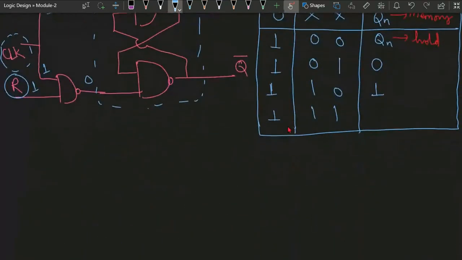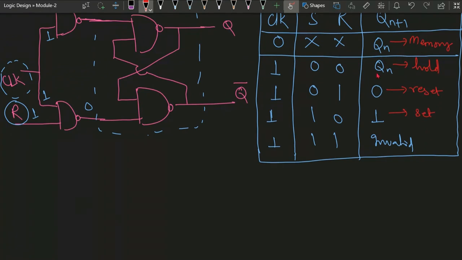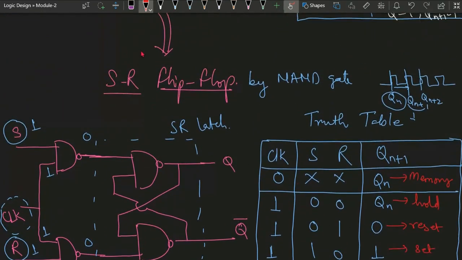So in case of 1 and 1 into the SR flip flop, the output will be invalid. This is called reset, and this is called set mode. So hold mode, set mode, and memory mode. Likewise is the condition. So this is the truth table of the SR flip flop.